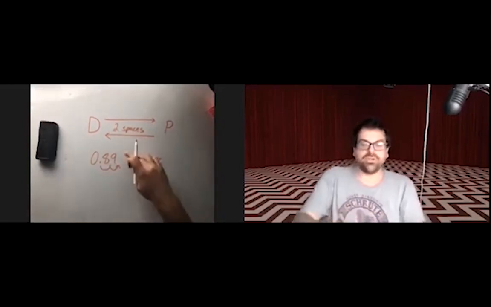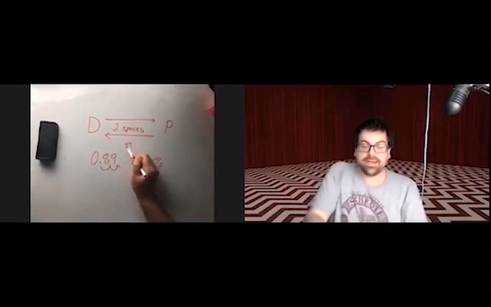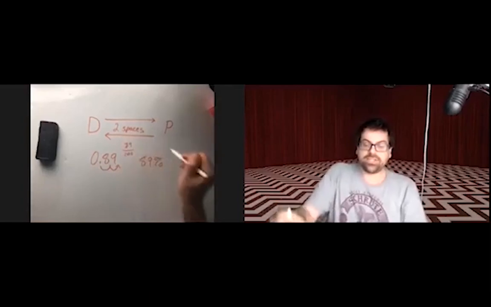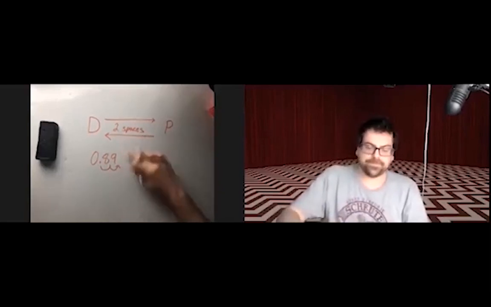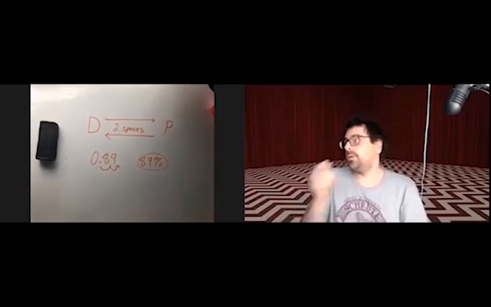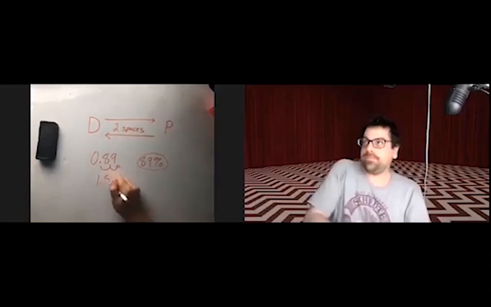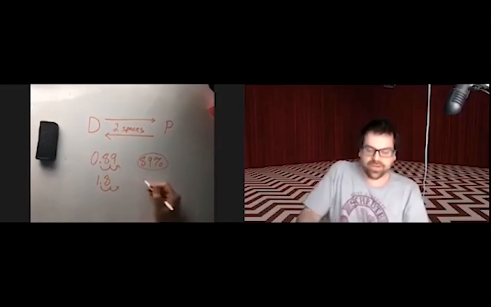But you could also use the fraction middle step. 0.89 is 89 hundredths, which is the definition of 89%. Then .8. 1, 2. We would need to fill in a 0. 180%.